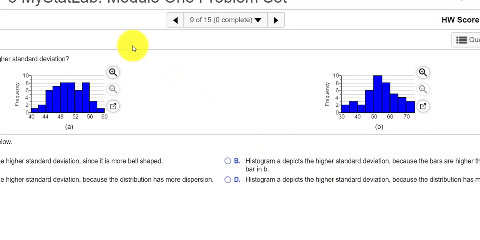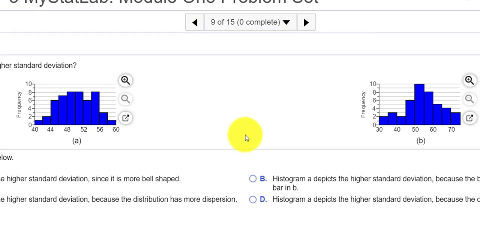For the first question, it asks to determine the histogram that has the greater standard deviation. Really, the greater the dispersion, the greater the standard deviation. So the more your data is spread out, the greater the standard deviation.